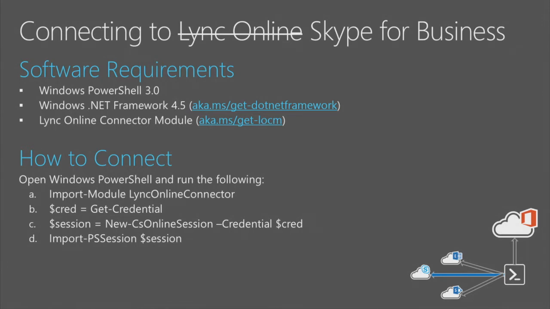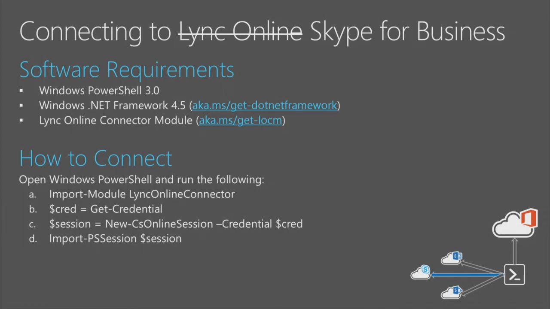Then we're creating this thing called a session. Whenever we see a $ character and an equals sign, we're creating a variable. That variable is live for the life of the PowerShell session or until we run Clear-Variable and clean it up. It lets us take individual objects that we want to do more work with, that we can't do inline or want to reference multiple times, and use them later.